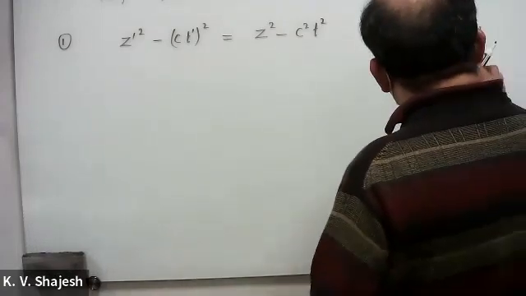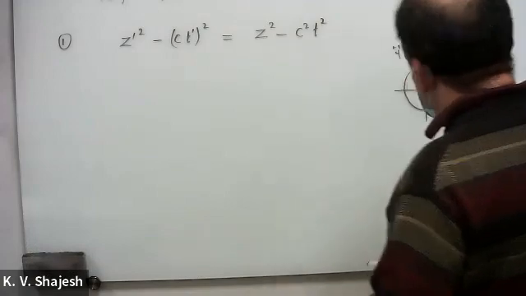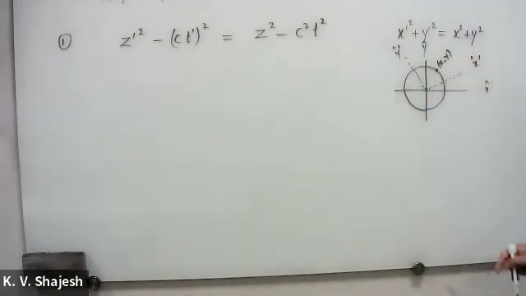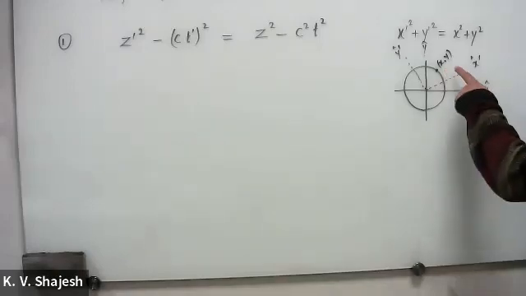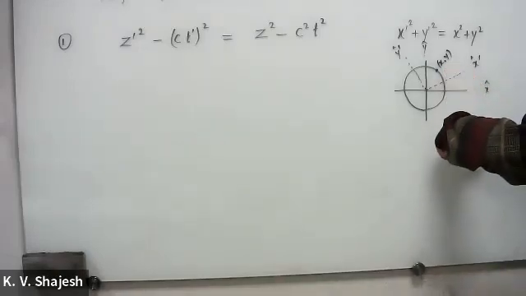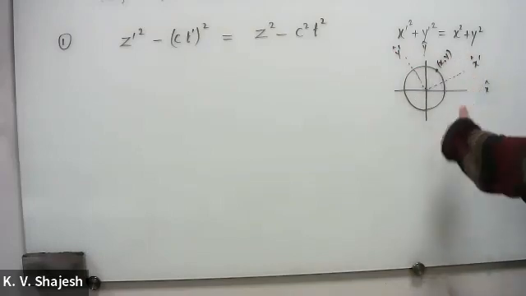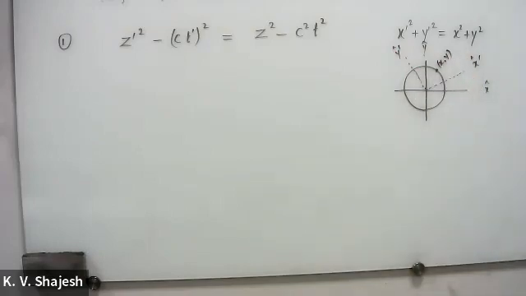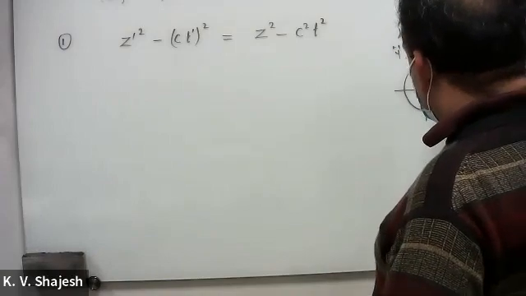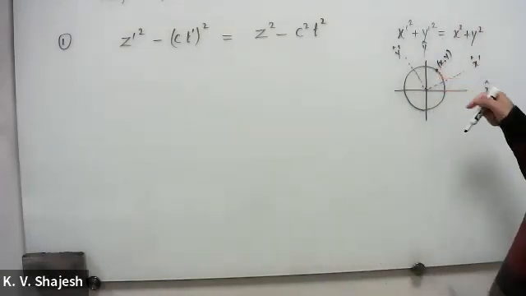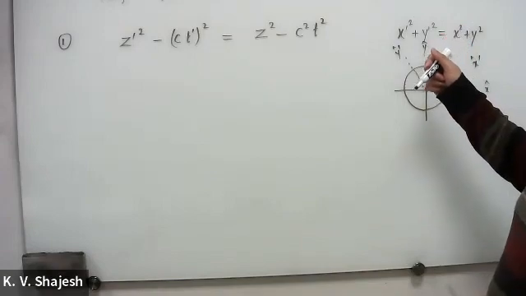So what I've done here is that there is a coordinate here, which was earlier xy, and now I moved my axis to x prime and y prime. My point remains the same and my axis is moving.